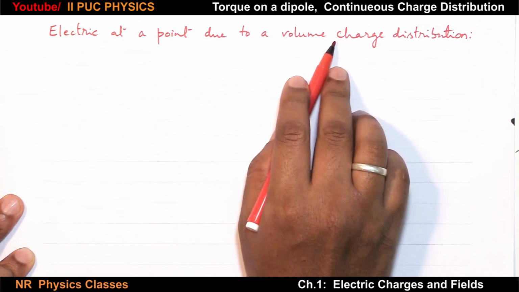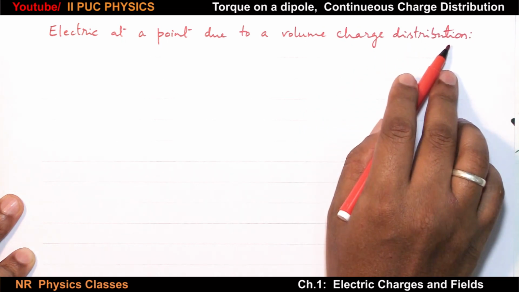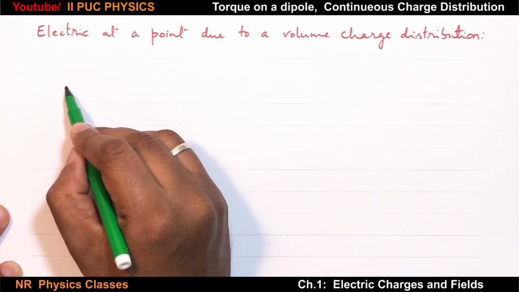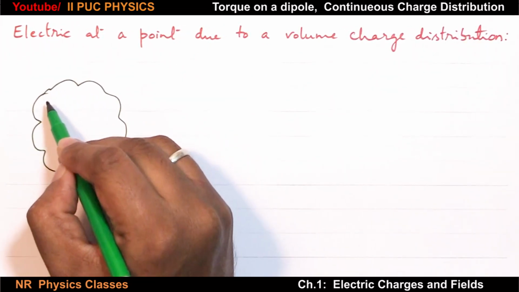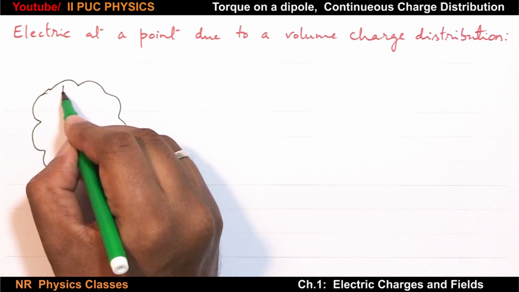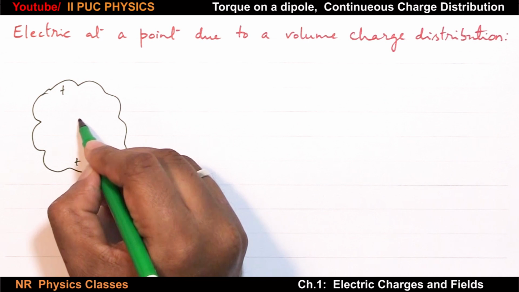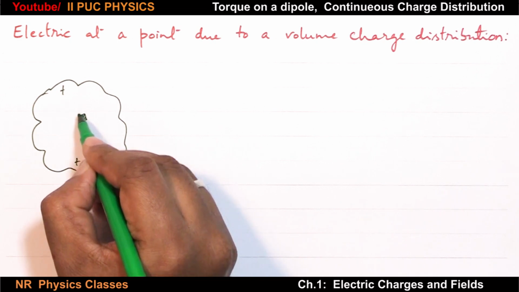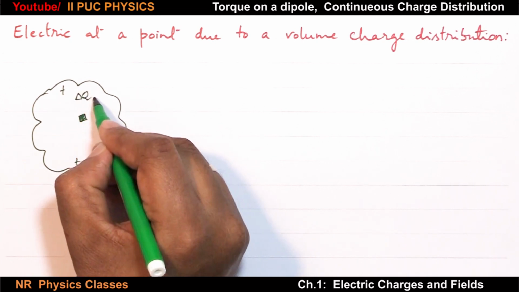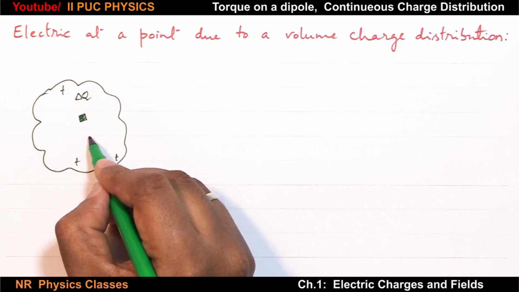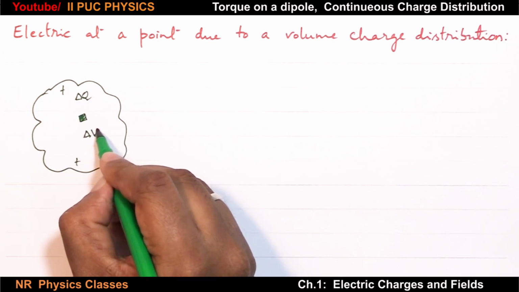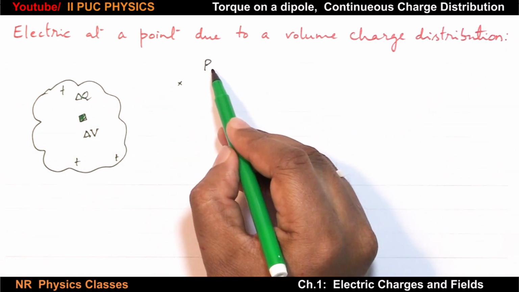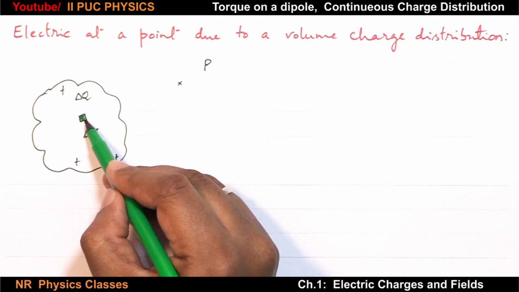Electric field at a point due to a volume charge distribution. Volume charge distribution means a 3D object. Let this be some 3-dimensional object which is charged. This small region is called the charge element. The charge on this is delta Q and the volume of this is delta V. Now this is point P. We have to find the electric field at P due to this element.